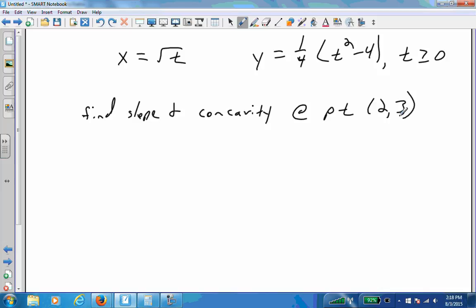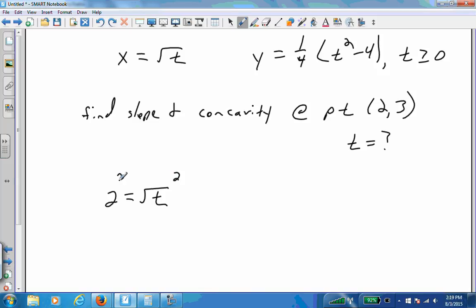So that brings up an interesting question. At the point 2, 3, we need to know what t is. Notice x is the square root of t. So when x is 2, what t would give you an x of 2?